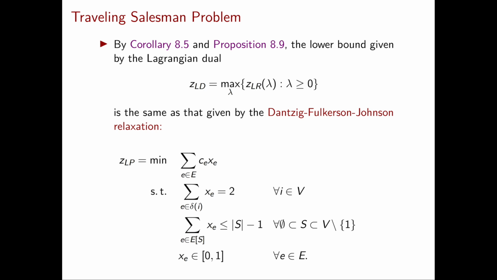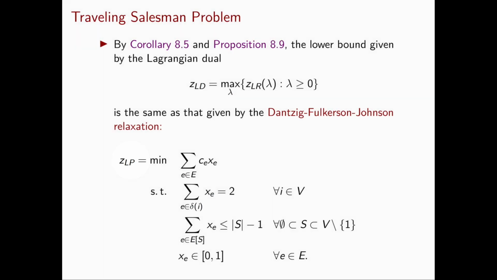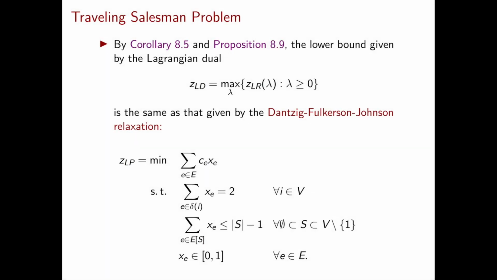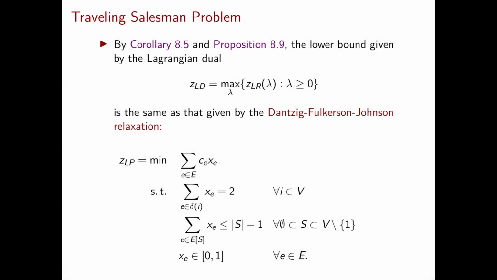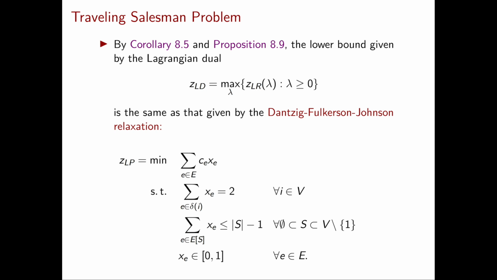However, let's take a moment and discuss separately the Lagrangian dual and the LP to understand at this point the pros and cons of both these problems. So let's start with ZLP. So first, this is just a linear programming problem. However, it has an exponential number of constraints, and we know how to separate them in polytime. Due to the ellipsoid algorithm, we then know how to solve this linear programming problem in polynomial time.